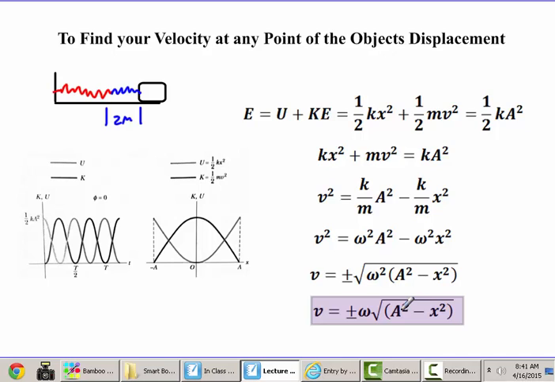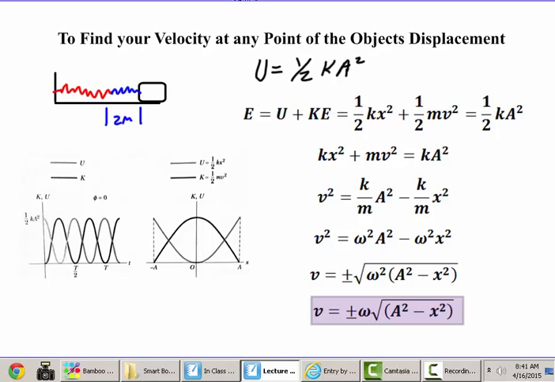Everybody agree with that? So my total energy, or total energy the spring could have, my potential here would just be 1/2 times k times A squared. That would be the total energy that spring would have. Does everybody see that?